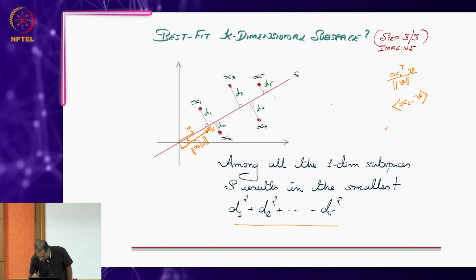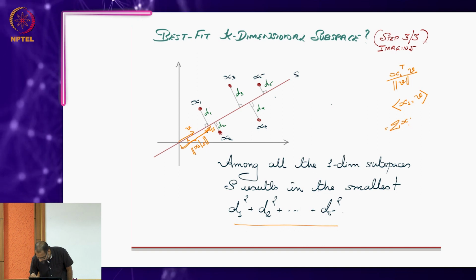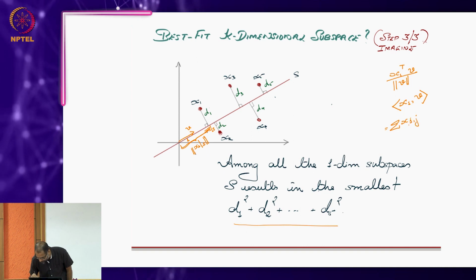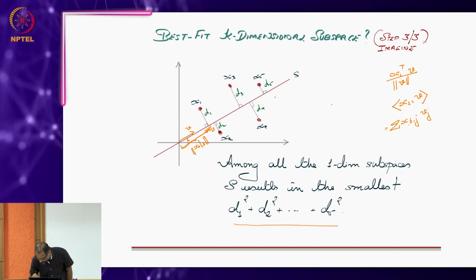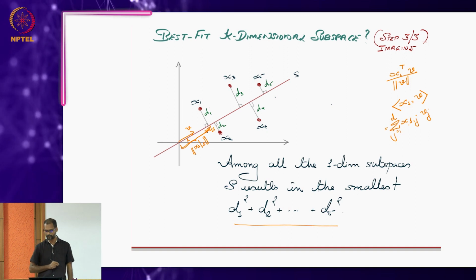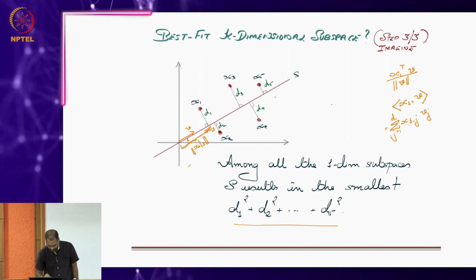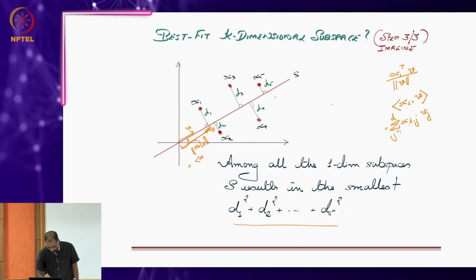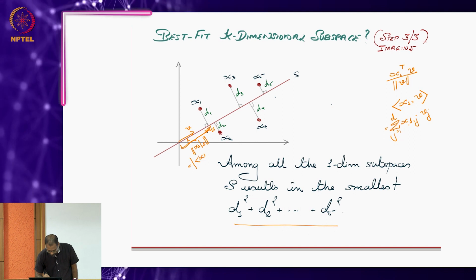This inner product is the sum of x1j times vj, j running from 1 to d. Remember x1 is a d-dimensional vector, v is a d-dimensional vector. This is the inner product. In fact I should take the magnitude because now I am talking about the length.